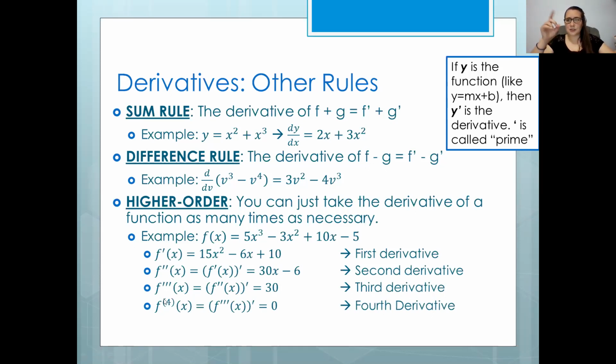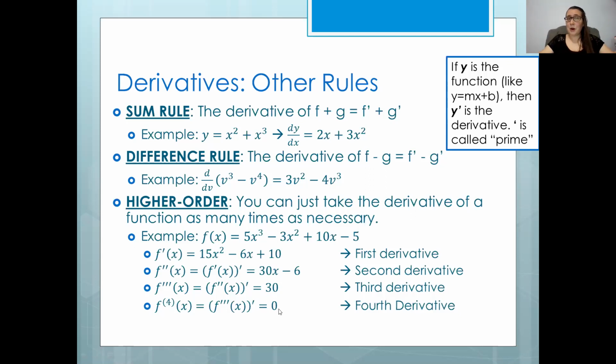Instead of just continuing to add apostrophes, we put the number of the derivative in parentheses up top. This is not an exponent. This tells you which derivative you're taking. So that's the fourth derivative of the function, and since our third derivative is just a constant, the derivative of a constant is 0.